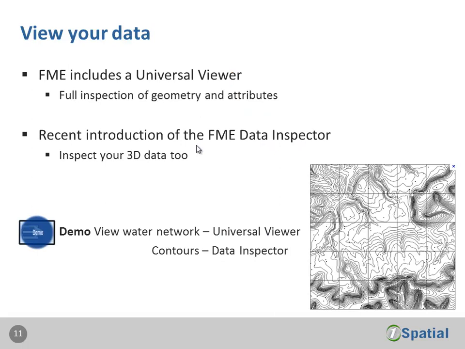Now, if you've used FME for a little while, or you're brand new to FME, you'll maybe be aware through a little bit of a review of the tool that there is something called a Universal Viewer available to you. That allows you to inspect your data, the complete geometry, all of the attributes, and you can literally open up a TAB file, a Shape file, a connection to an Oracle spatial database.